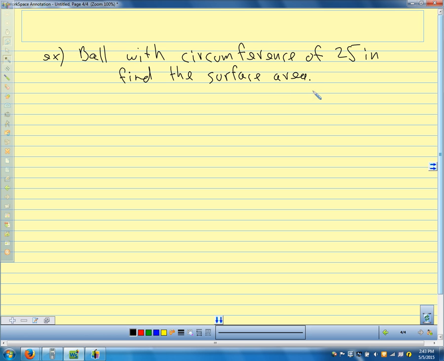Find the surface area. So what's our key here? What do we have to find? Find the radius. Once we have the radius, we can plug it into our function. How are we going to find the radius here?